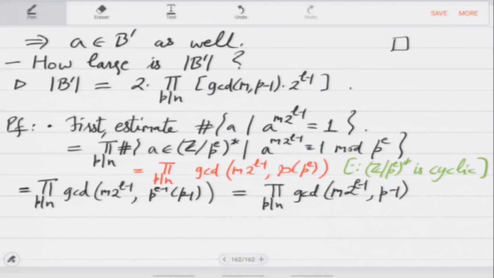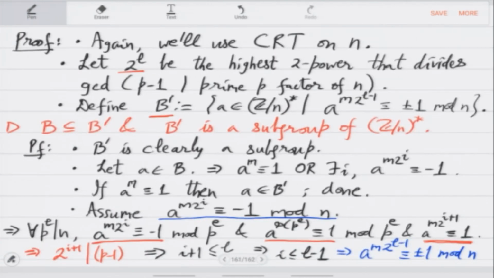And next thing is, what to do with 2 raised to L minus 1? Does it divide P minus 1? Yes, so in fact 2 raised to L divides all the P minus 1s, right?